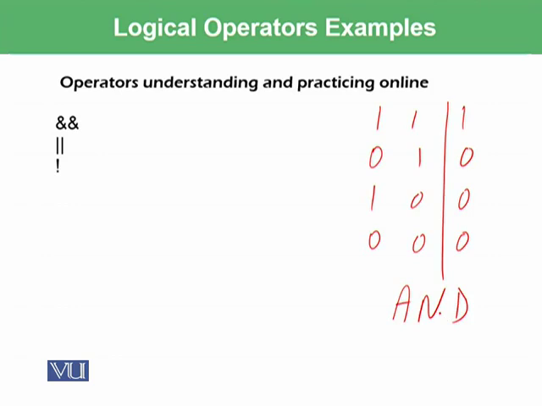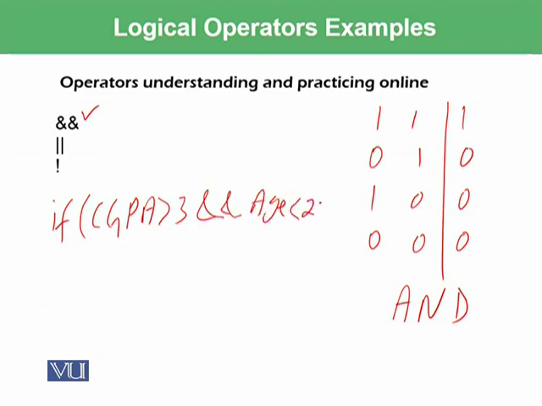And how to write this in C++? We need to write this statement. If CGPA is greater than 3 and age is less than 20. The AND operator, which we learned in computer architecture, is replaced using these symbols.